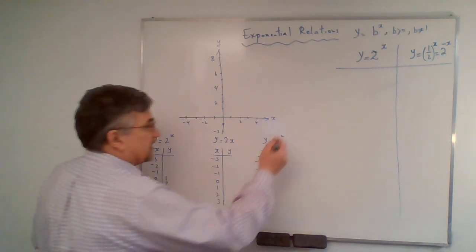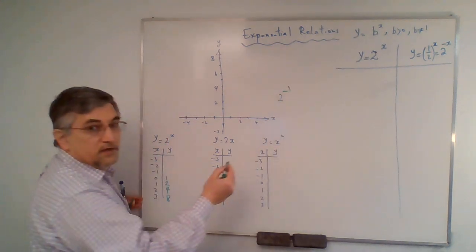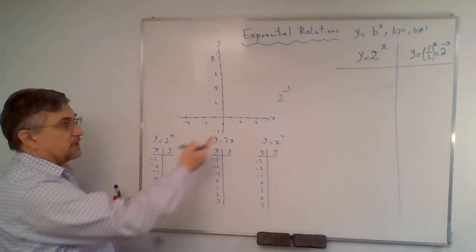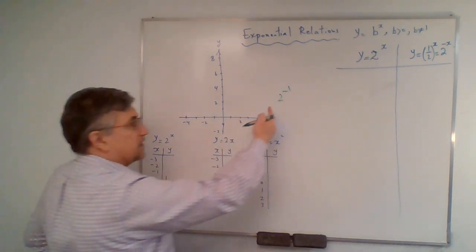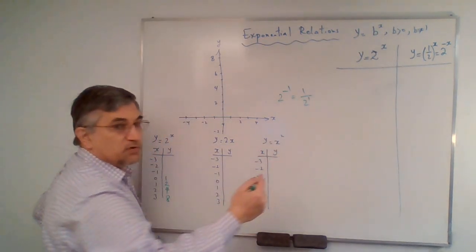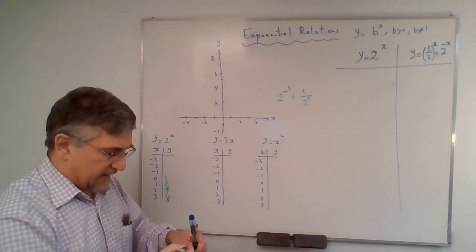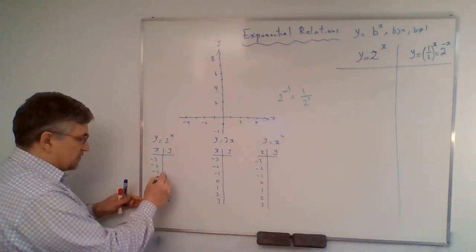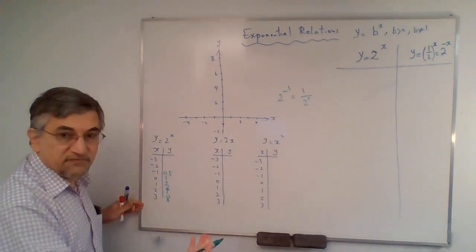Because right now x is -1, and you want to calculate y. If you have 2 to the exponent of -1, that is 1 over 2 to the exponent of +1, or in other words, 1 half. So this is going to be 0.5 or 1 half.